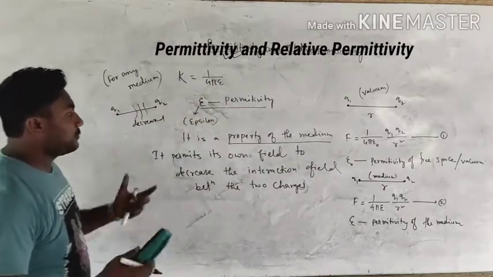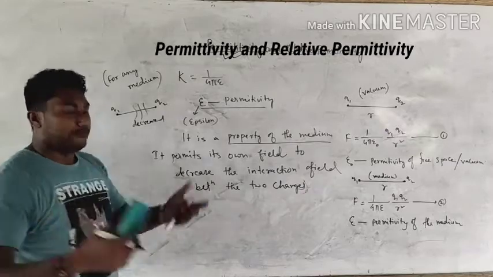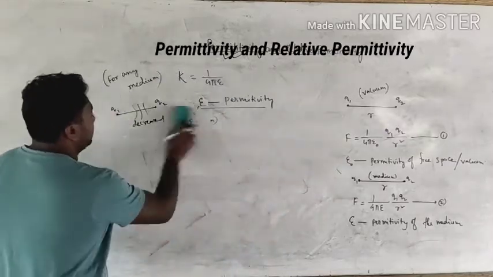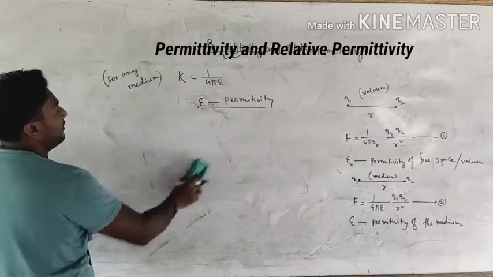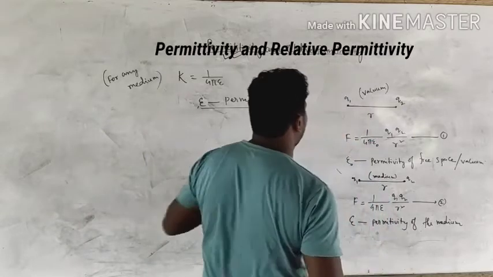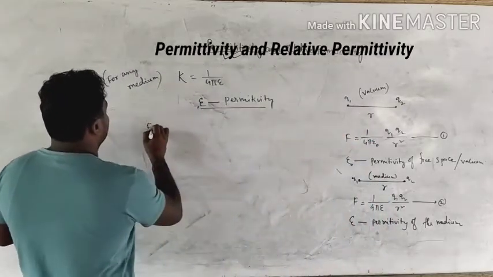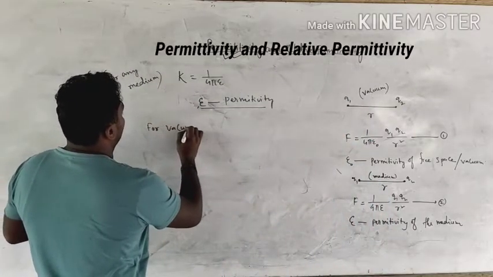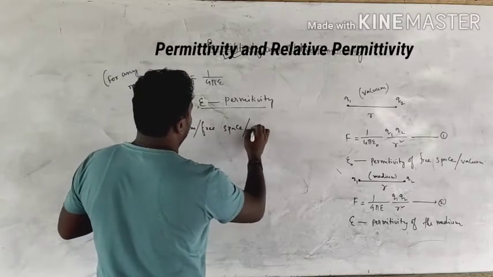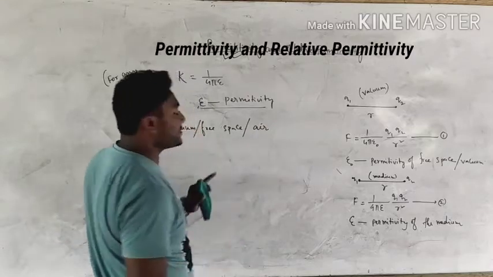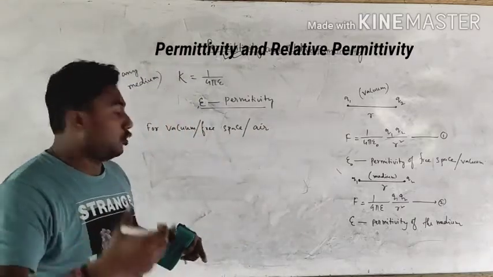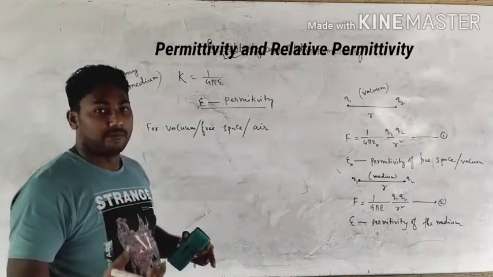So from our explanation, what is the conclusion we have found? If we place the two charges in a vacuum, or free space, or air, already I have said in the textbook, free space or vacuum or air is considered to be the same, though air is considered to be a medium, isn't it?